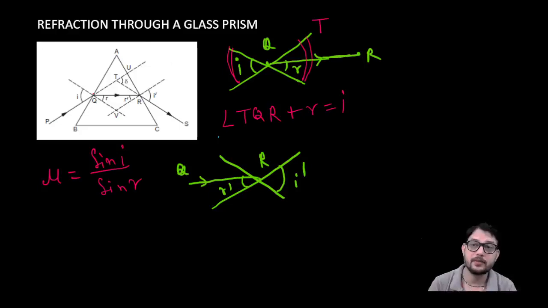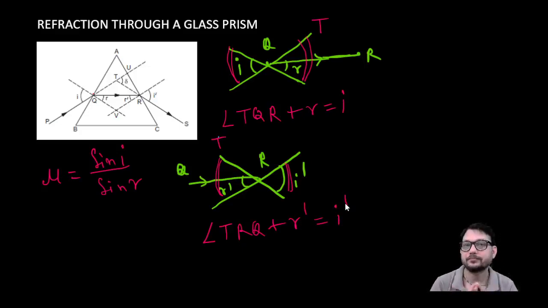The same concept applies here, and that point is your capital T. So this must be i dash. It means you can once again write that angle TRQ plus r dash must be i dash.